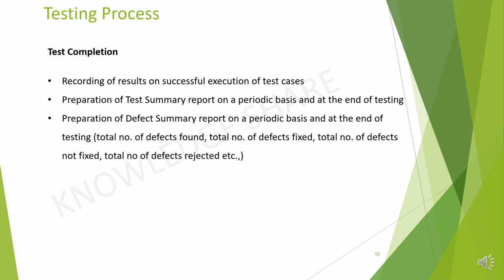Then preparation of defect summary report on a periodic basis and at the end of testing. That is, the reports should include total number of defects found, total number of defects fixed, total number of defects not fixed, and total number of defects rejected, etc.